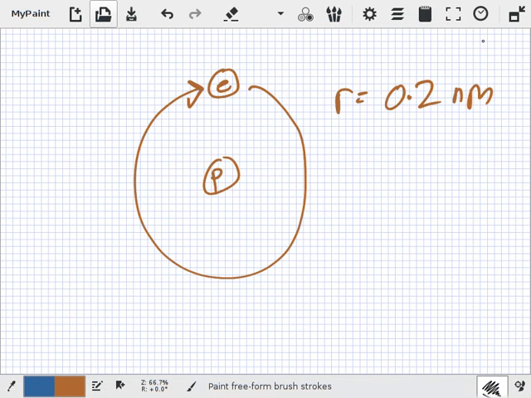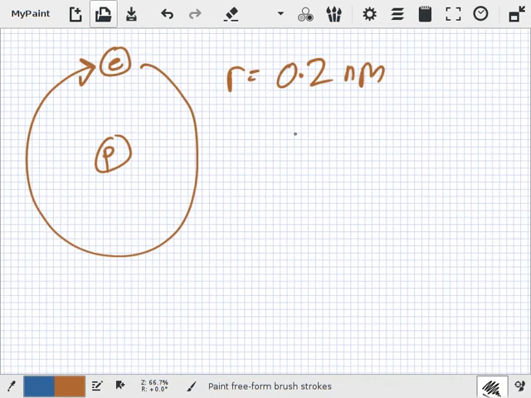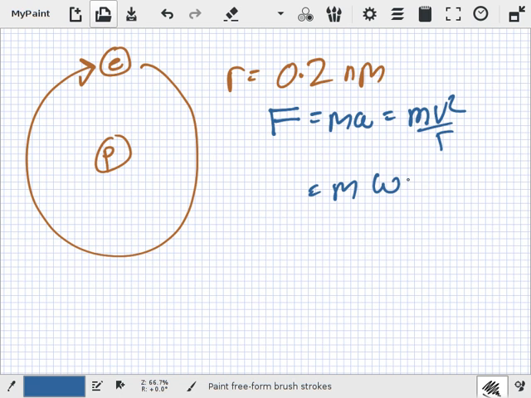Find T. Right, so we know that F equals ma, which equals m v squared over r, which equals m, and v is omega r, so (omega r) squared over r. In other words, it equals m omega squared r.